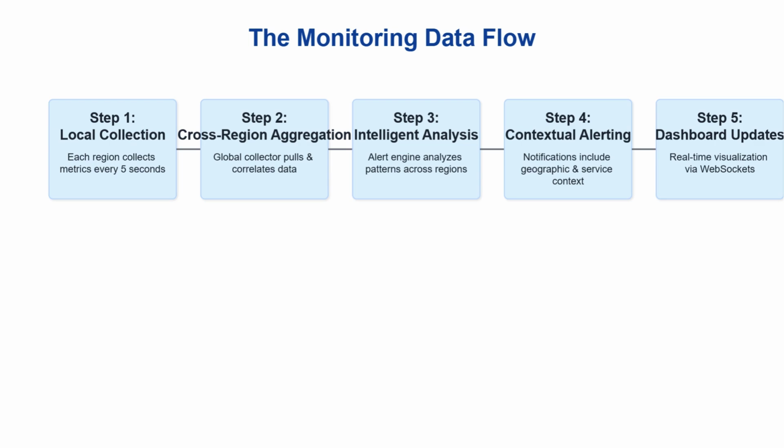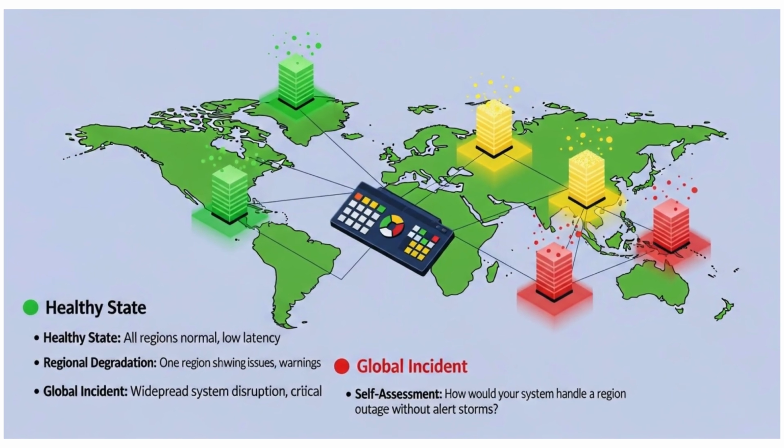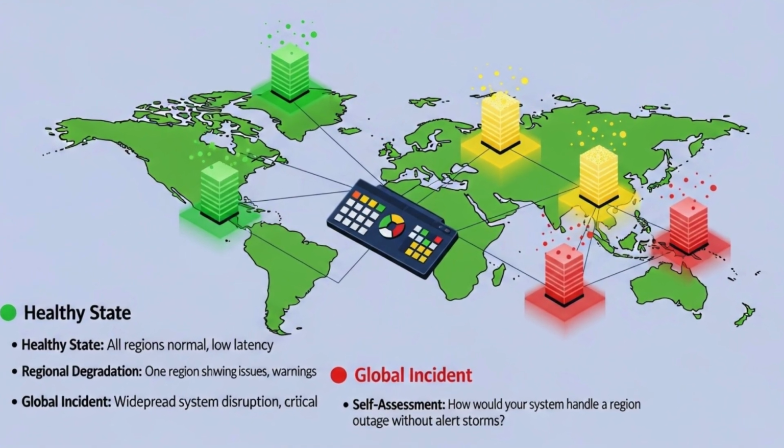This clarity empowers faster, more effective responses. Finally, all this information updates the dashboard in real time, often via WebSocket connections, providing an immediate visual representation of your system's current state.